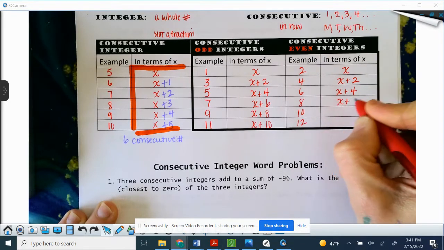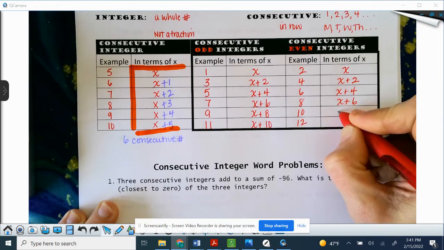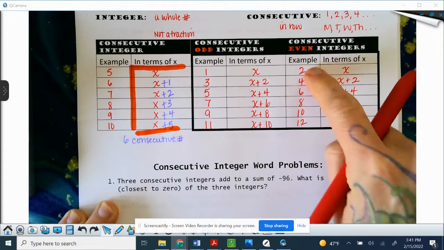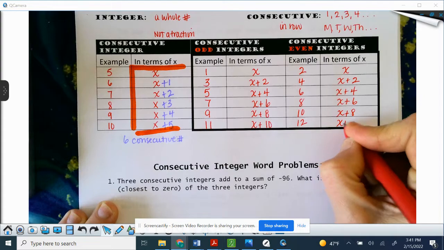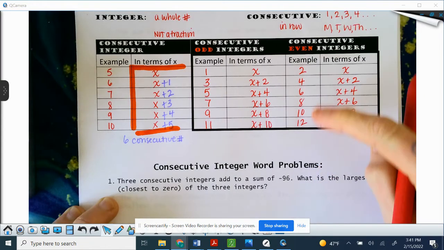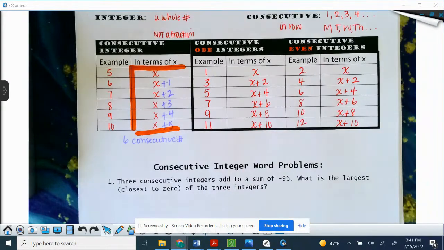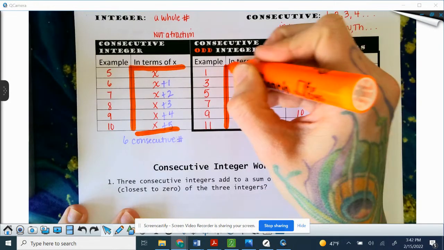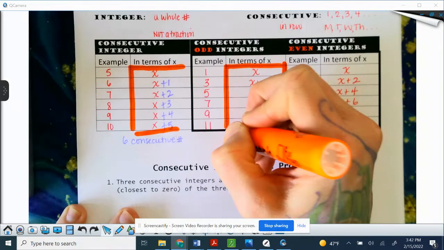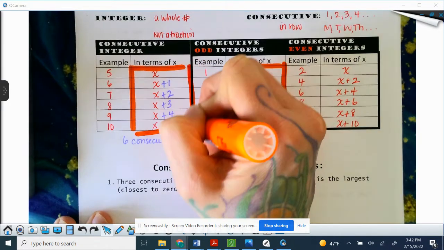I added 6 to get to 8. I added 8 to get from 2 to 10. And then I added 10 to get from 2 to 12. So these two are exactly the same. So whether it's even or odd, it doesn't matter. You're still using this collection of variables for both of them. So you really only need to memorize these two.